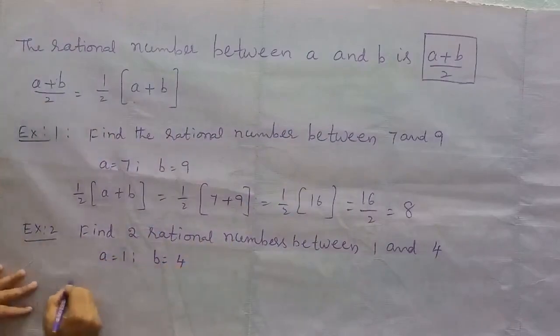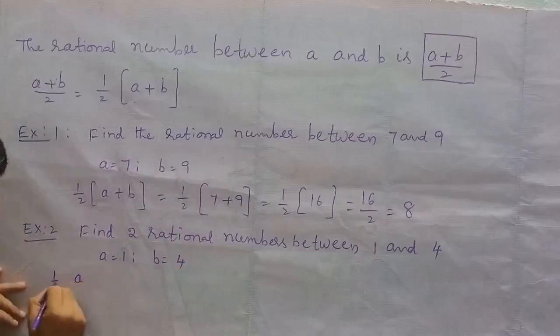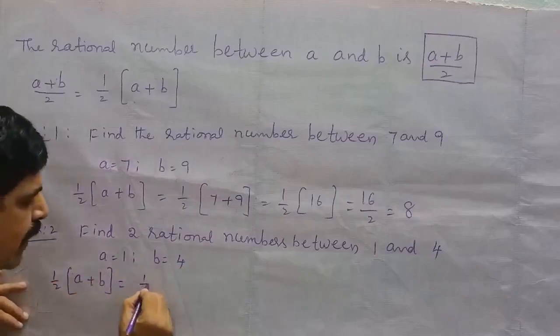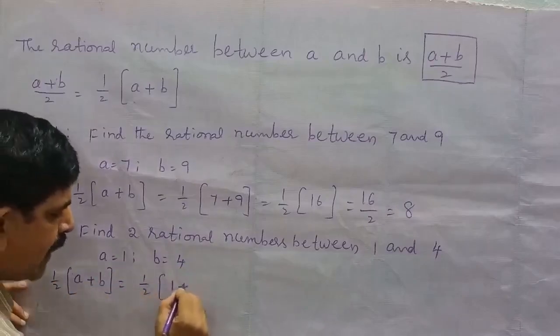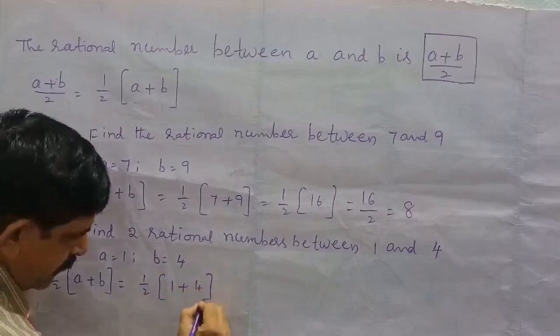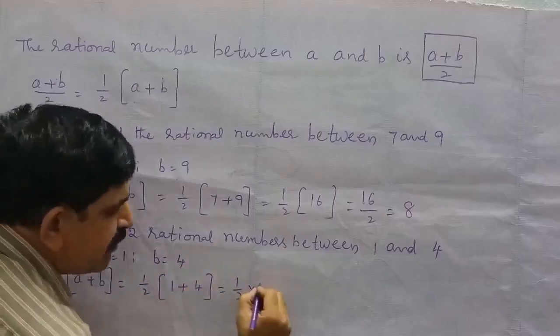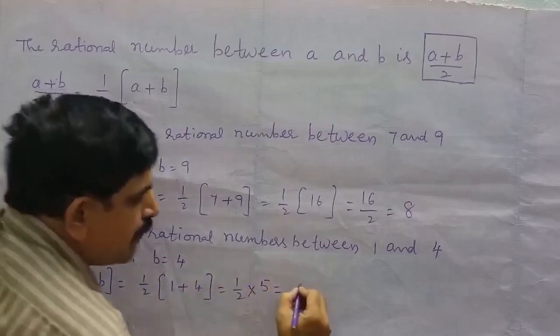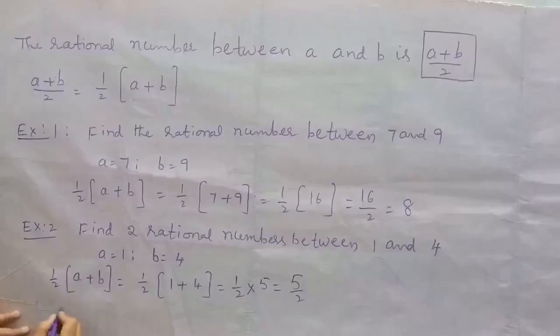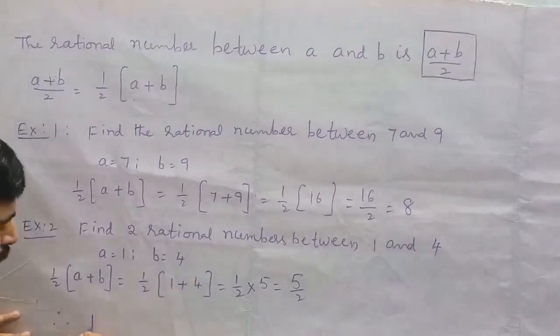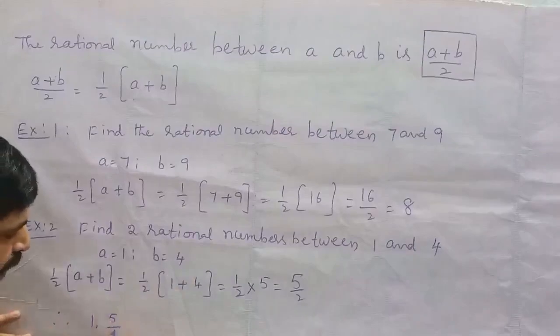What is our formula? 1 by 2 into A plus B. So this is equal to 1 by 2 into 1 plus 4, which is 5. So that is equal to 5 by 2. The first number between 1 and 4 is 5 by 2, so we have 1, 5 by 2, 4.